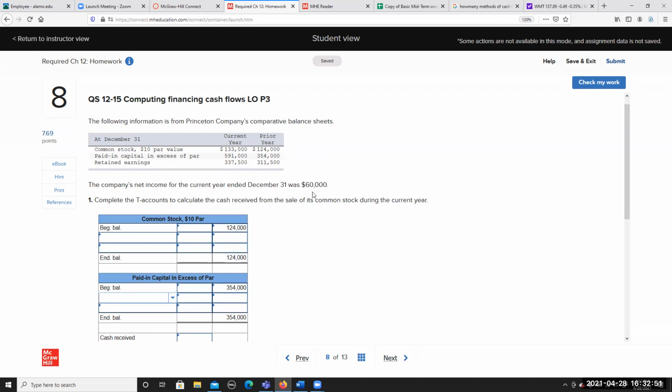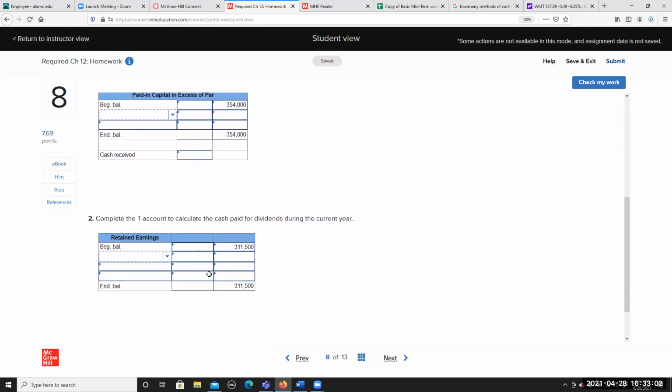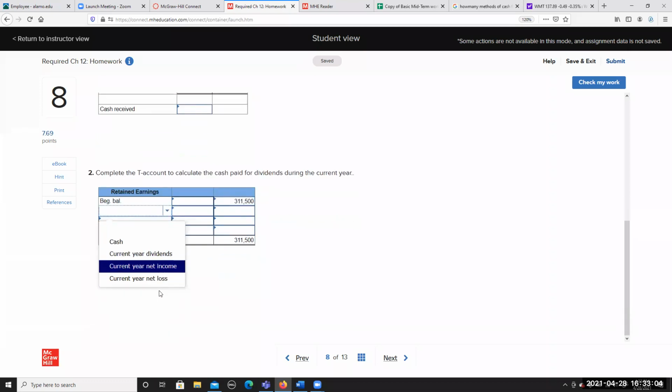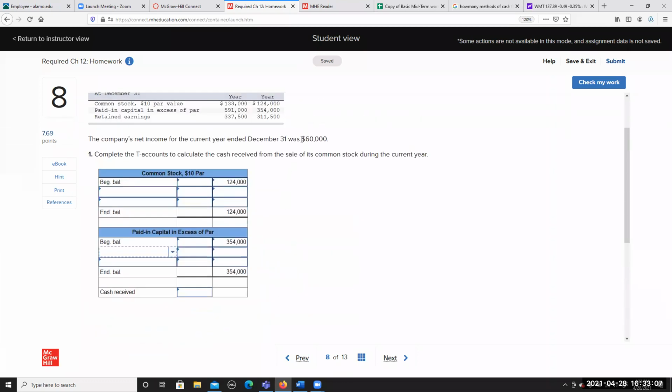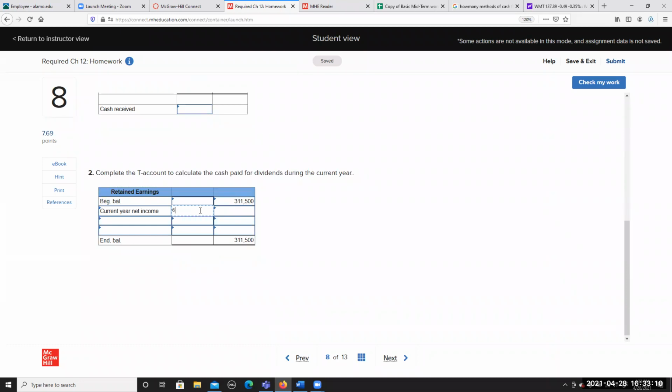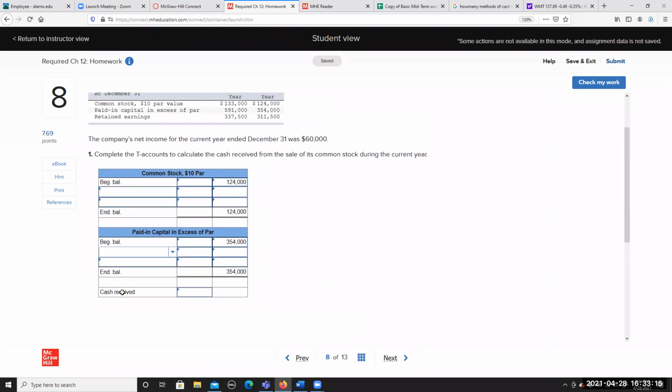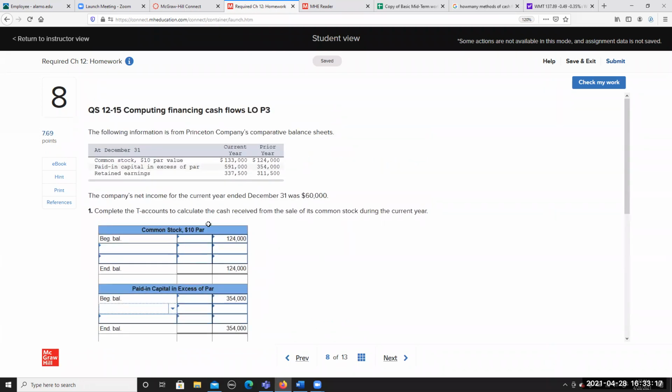First off, if the company has net income, what happens when you have income? Retained earnings go up, right? Current year net income goes up by 60,000. Now, the following information, Princeton's company. So how much stock did it sell? Okay, let me think a minute.